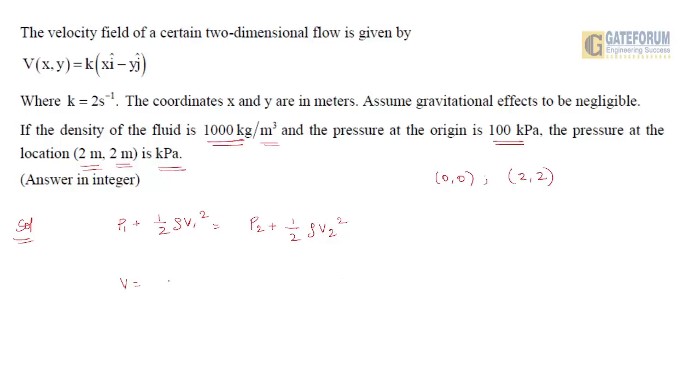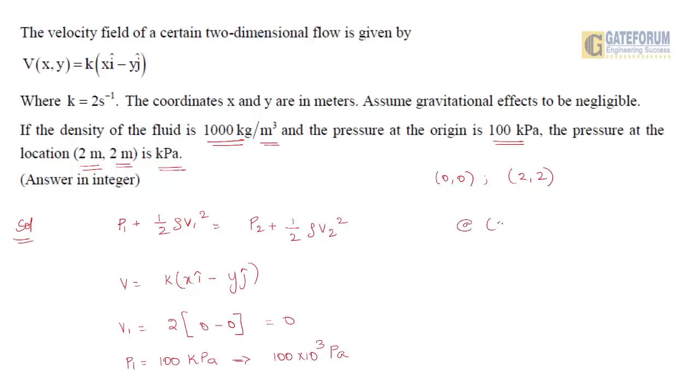So V is equal to k x i cap minus y j cap. V1 is equal to 2 into 0 minus 0 initially, which will be 0. P1 will be 100 kilopascal, that will be 100 into 10 cube pascal.